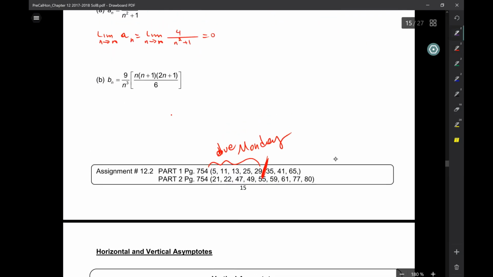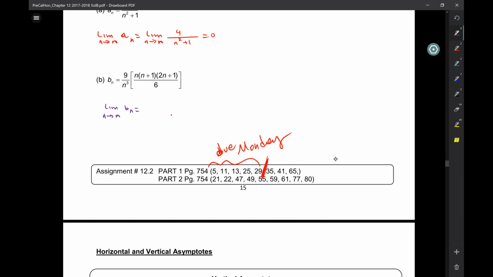Okay, here, the limit as n approaches infinity of b_n. What we're going to do here, this is a rational function. We're going to take the highest degree on top and the highest degree on the bottom. I'm going fast because I'm on a time crunch here, and I'm also excited. So technically you would have to multiply everything out and get the leading term.